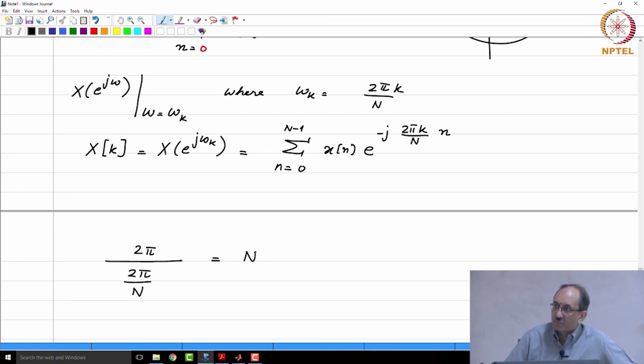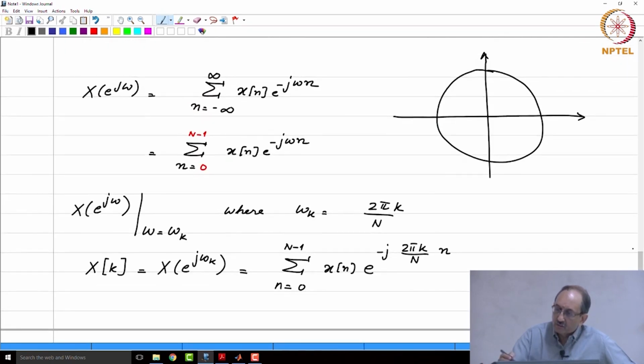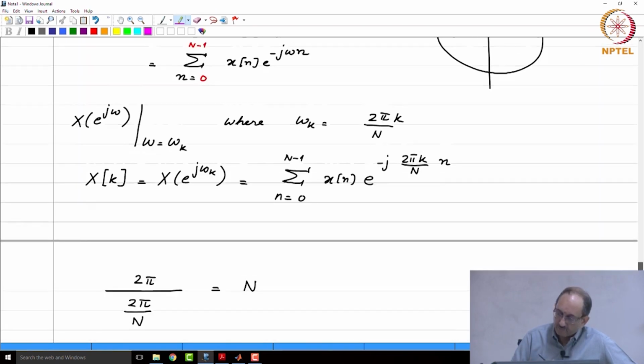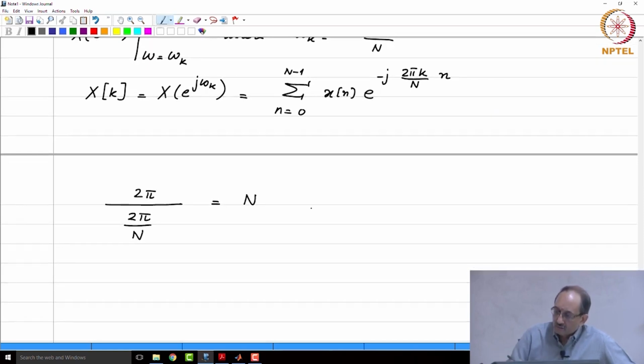Therefore, even though we started off by saying x of n is 0 outside 0 to N minus 1, which is what we needed to restrict the summation to this range, the moment you start sampling, immediately it introduces periodicity in the other domain, and that periodicity is exactly capital N. So, everything is consistent, right. So, this implies x of n equals x of n plus capital N.